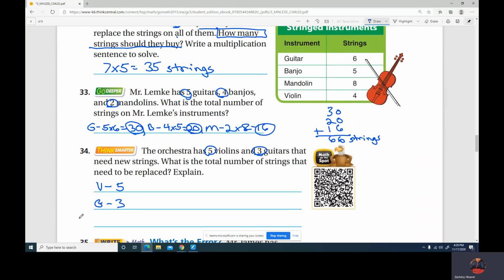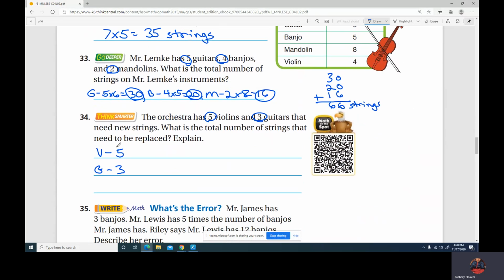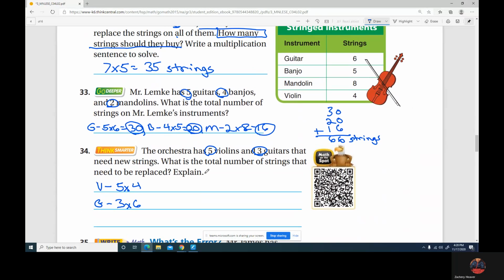A violin has 4 strings, so times 4, and a guitar has 6 strings, times 6. So 5 times 4 equals 20, and 3 times 6 equals 18. Now we have to find the total number that needs replaced, so we just add these up. You have 38 strings. If you do it just like this, that pretty much explains it to me. That's another multi-step equation.